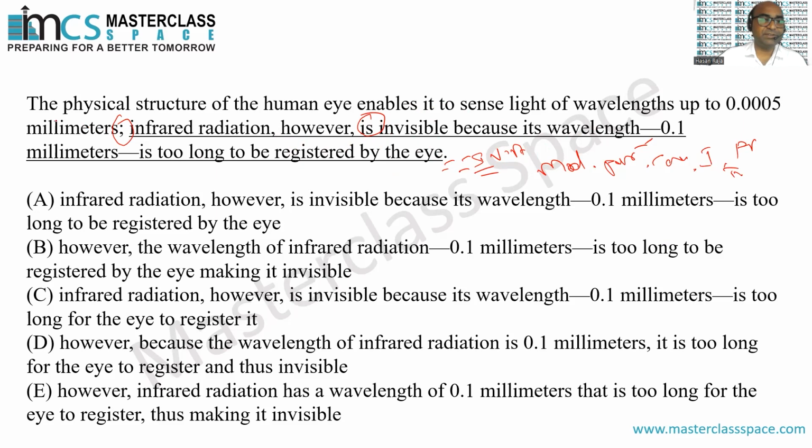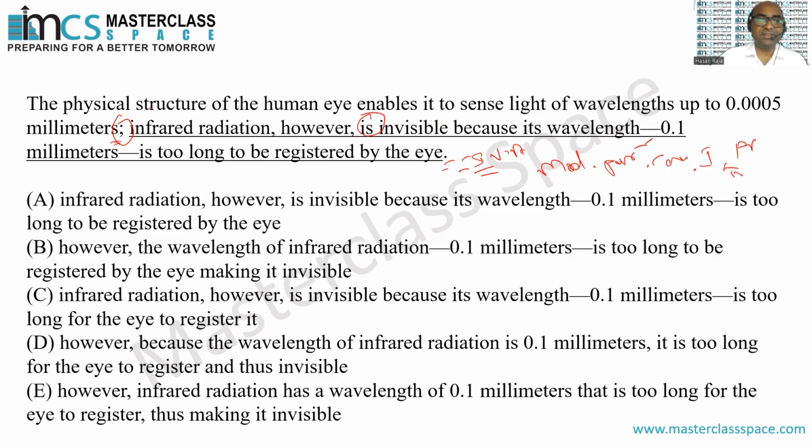So what is the passage? The physical structure of the human eye enables it to sense light of wavelengths up to 0.005 millimeters. Infrared radiation, however, is invisible because its wavelength 0.1 millimeters is too long to be registered by the eye.